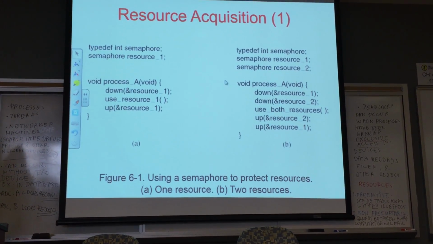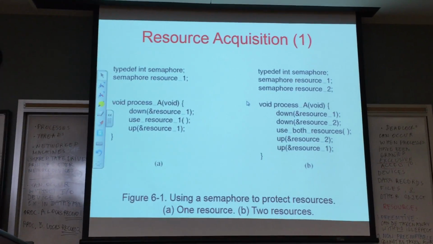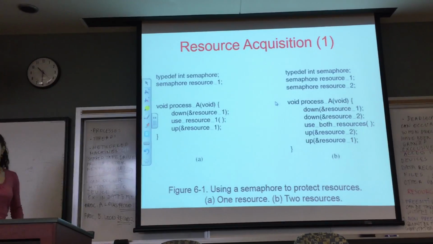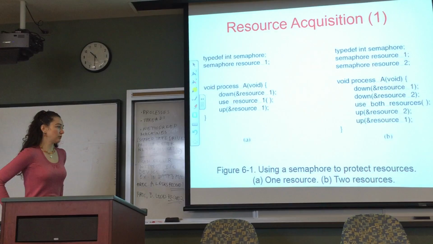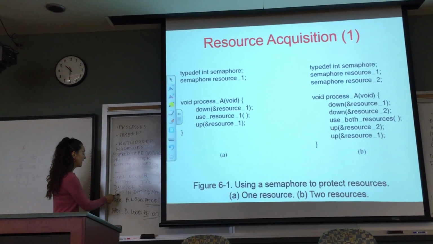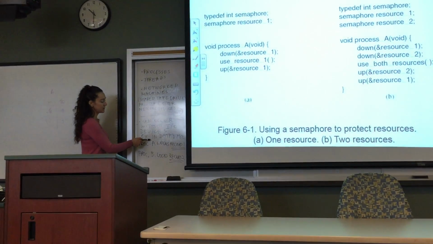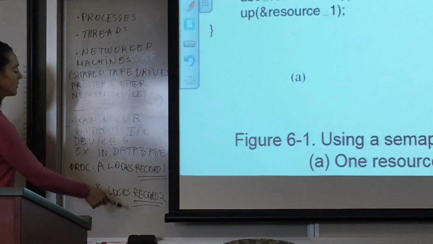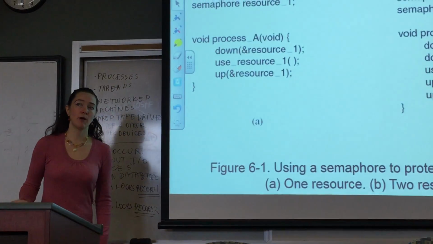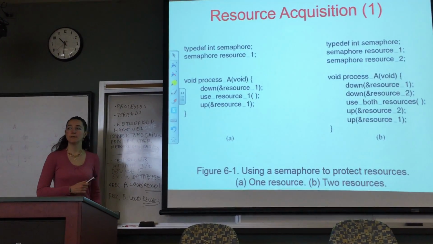We have seen in chapter 2 some structures that we can use to manage mutual exclusion. And so, let's say we have an airline reservation system or a database with records that need to be updated, then it's up to the programmer to manage these deadlocks.